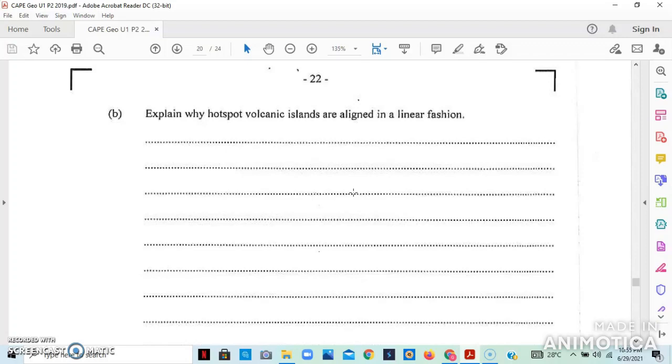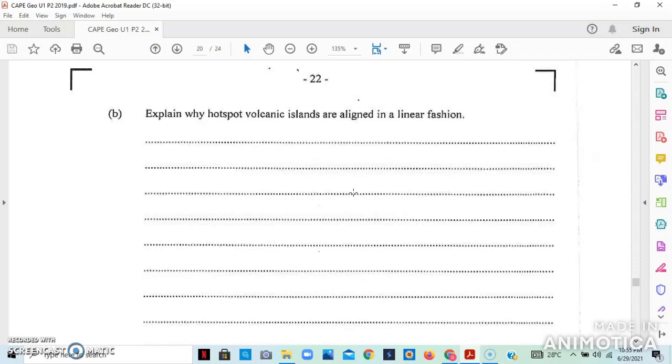This melted material is called magma, and it rises through cracks and erupts as volcanoes. As the tectonic plate moves over the stationary hotspot, the volcanoes are rafted away and new ones are formed in their places. This results in a chain of volcanoes in a line, such as the Hawaiian Islands.